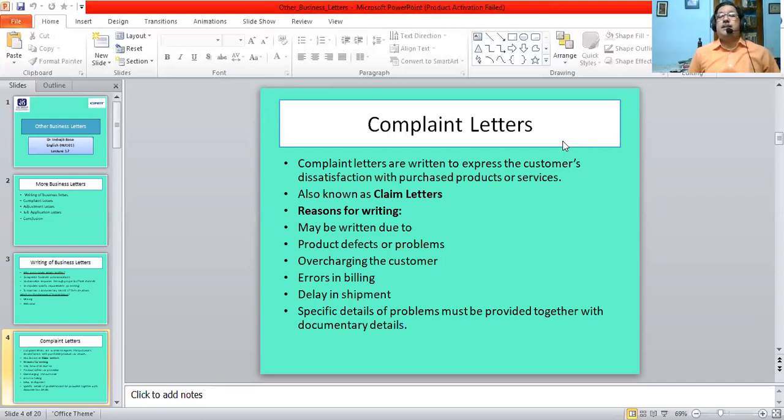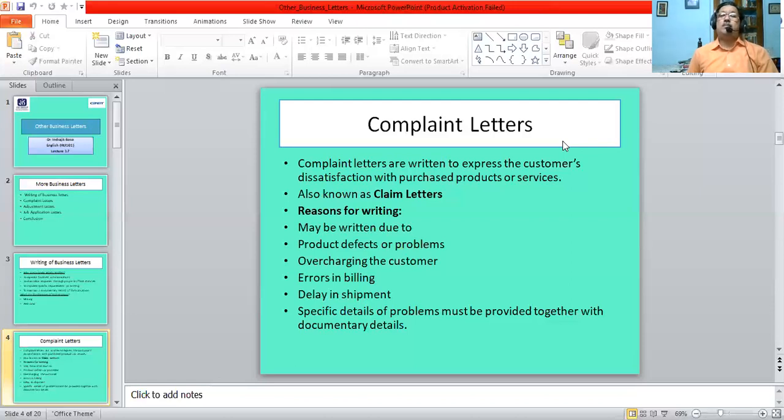Now there are 2 points to note over here. You, or anyone who is the aggrieved customer in this case, might be very annoyed when writing the letter of complaint, but in order to sustain business relations, we do not express the annoyance directly in the letter of complaint. So try not to write as if you are in the heat of the moment.